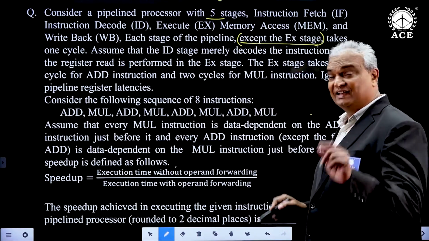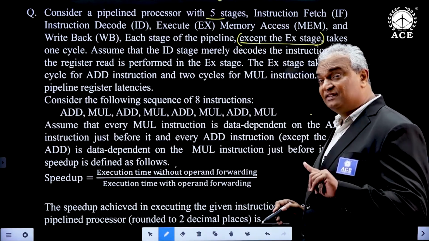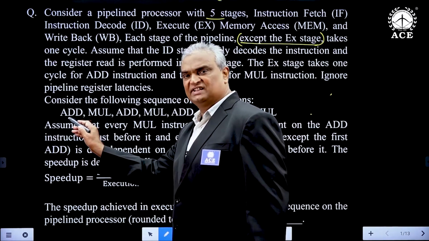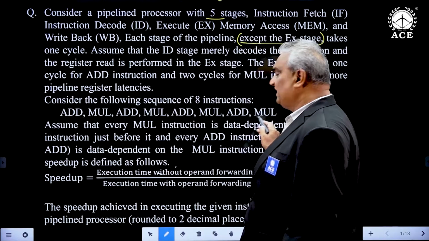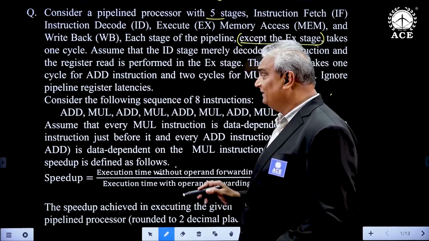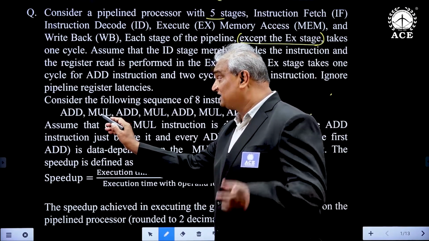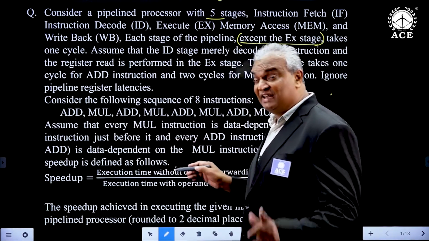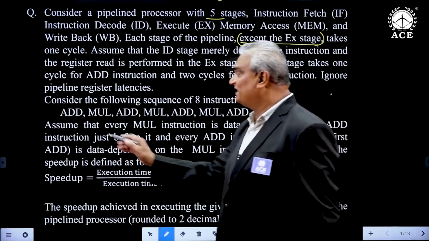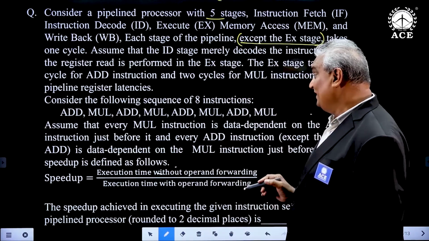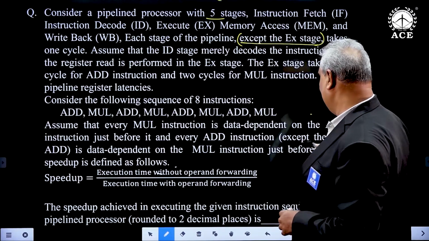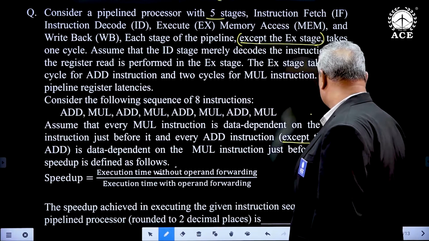What he is saying clearly is that, except the first instruction, each and every add instruction is depending on the partial result of the mul instruction. At the same time, each and every mul instruction is depending on the partial result of the add instruction, except, as he mentioned, the first add instruction.